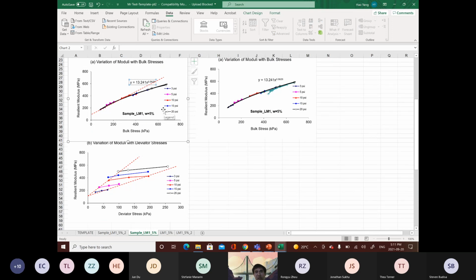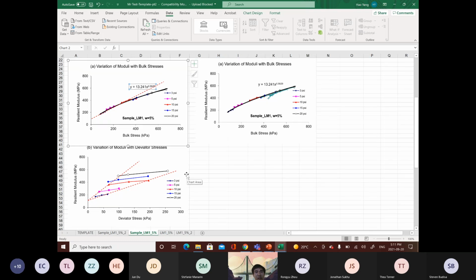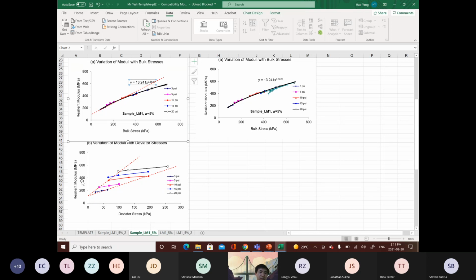For this specific example, we have the k-theta model to find out the relationship between resilient modulus and bulk stress. And you also need another model to describe the relationship between the resilient modulus and deviator stress. So that's the part about the data analysis you need to do for the MR test.